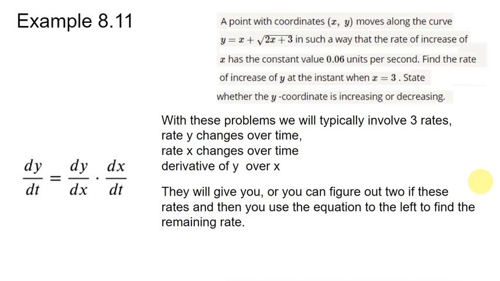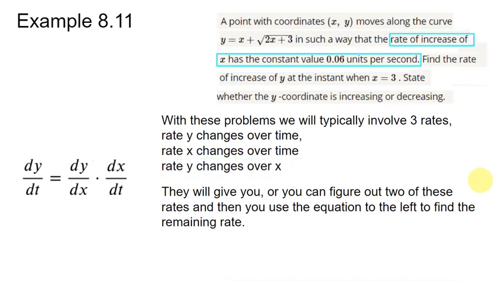All right, so notice how we've got in these problems 3 rates. We've got the rate y changes over time, the rate x changes over time, and then we've got this derivative. So generally in these types of problems, they'll give you, or you can figure out, 2 of these rates, and then you use the equation to the left to find the remaining rate. So let's see here. It says the rate of increase of x is constant.